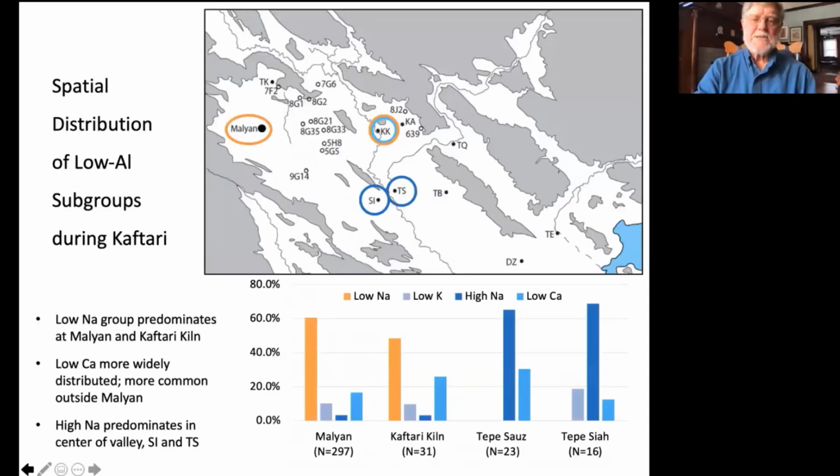So these are the subgroups, and they are low aluminum, but they are low calcium, which is most frequent in the Tepe Soz, Tepe Sia area of the site. And it's quite uncommon in Malian in particular, and in the Kaftari kiln site as well.